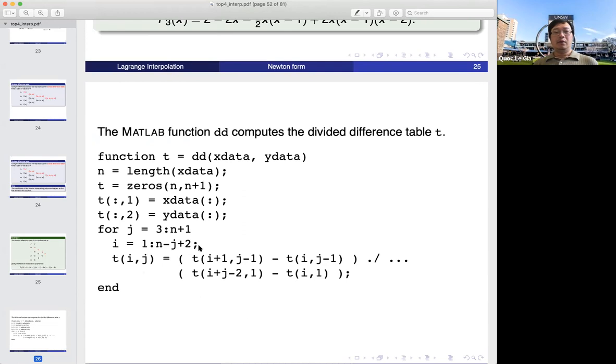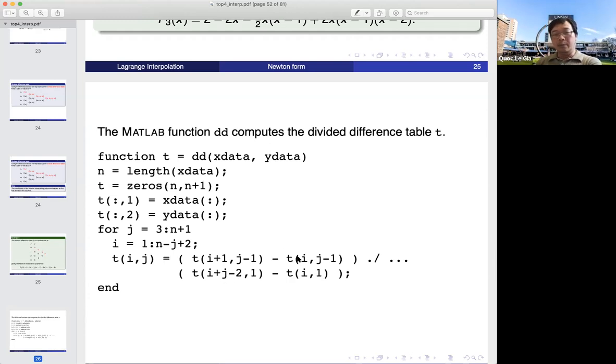This is my formula for the divided difference. The denominator is the difference in the data points, in the x values. Remember the first column is x, and you have to take the correct x points.